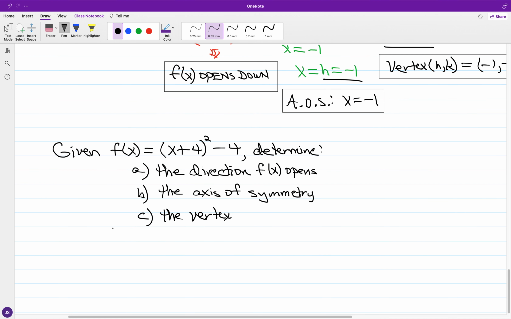And in addition, the x and y intercepts. And say at least 5 points, and that's including the vertex and the intercepts.